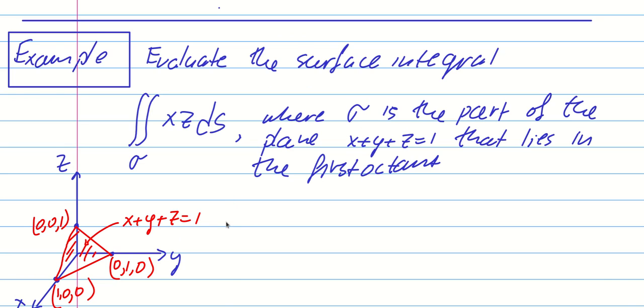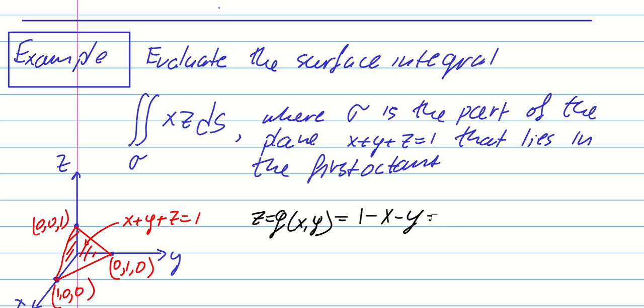So we'll say that we need z equal to the function g of x and y. So basically, we have to solve for z. Is it easy to solve for z? Yes, we can say that z equals 1 minus x minus y, and this will be our function g.